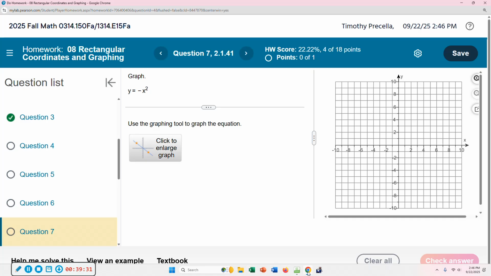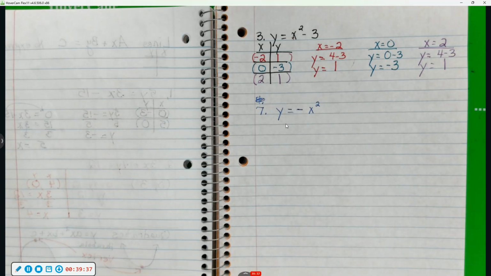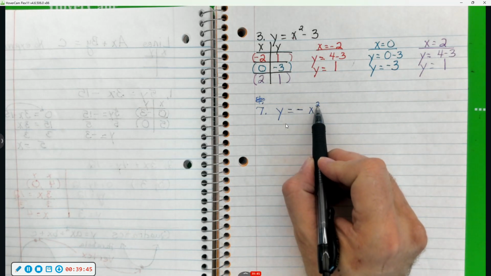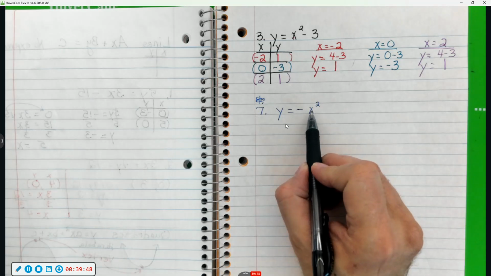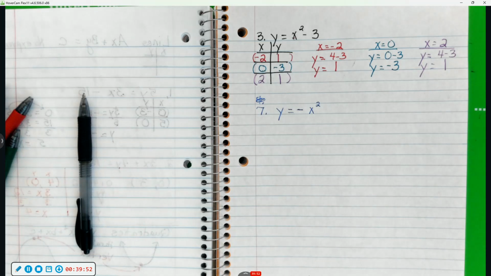That negative in front of that square is, the reason I'm saying this is kind of tricky, you remember we talked about the exponent only applies to what's right beside it. Just like with your calculator.